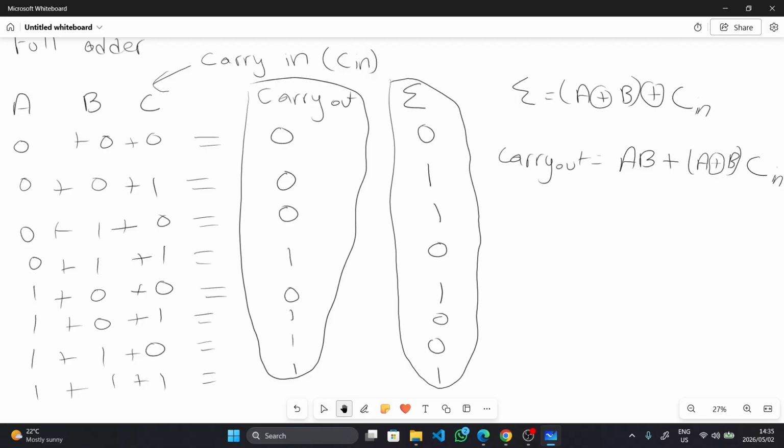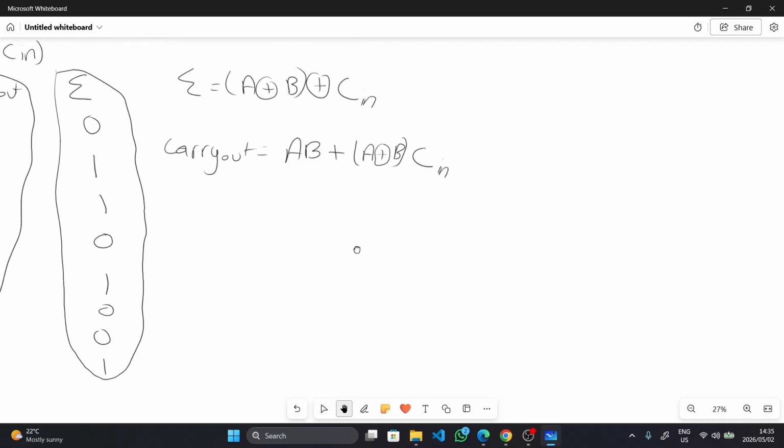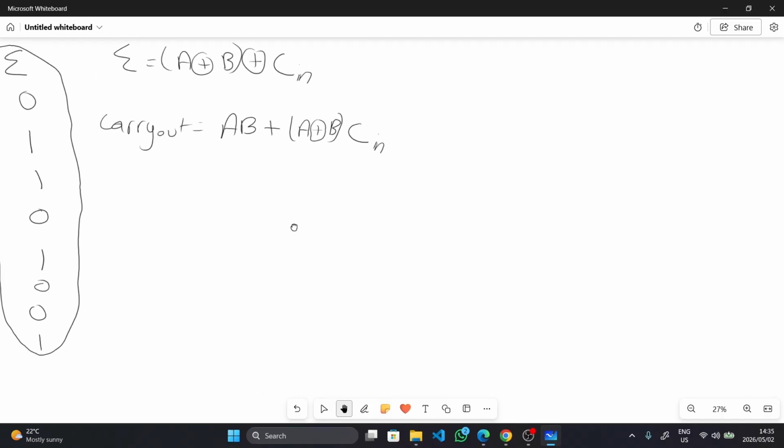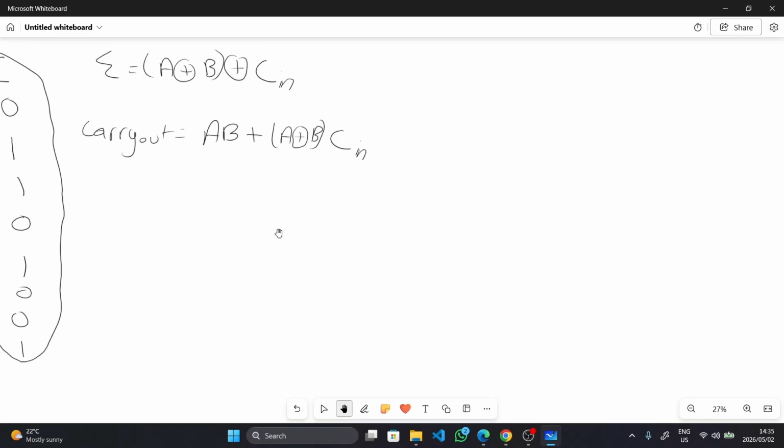And as you can see, it's a combination of two half adders. So let's see how this circuit diagram looks. Our full adder circuit diagram will be something like this. So we have our inputs A and B. This is just using half adders.